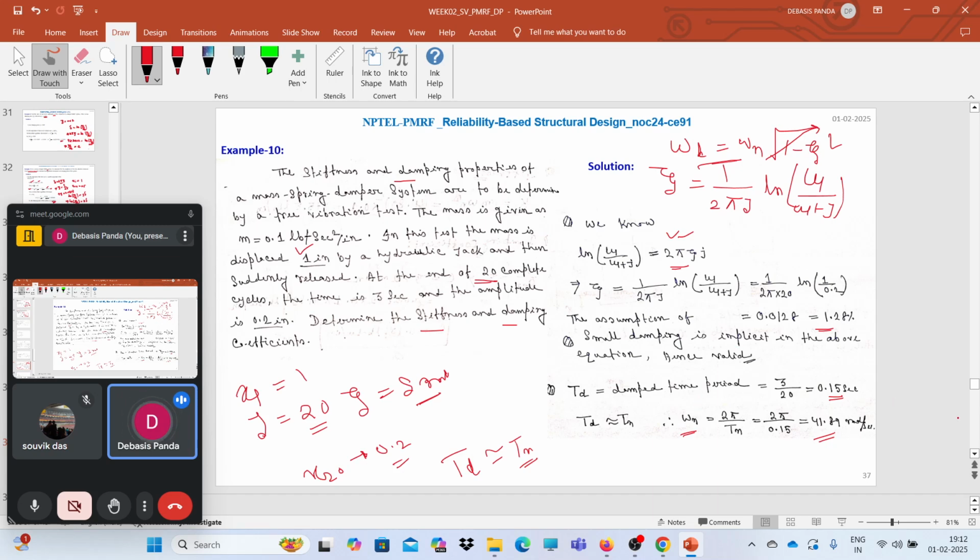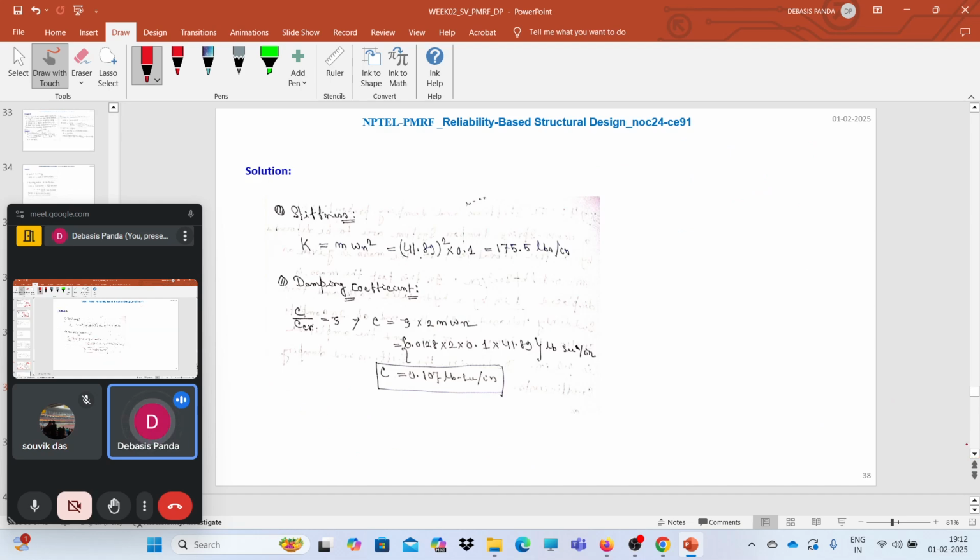We can easily calculate it from the natural frequency relation. So k is nothing but m omega n square, because omega n we know is under root of k by m. So k will become this value per inch.